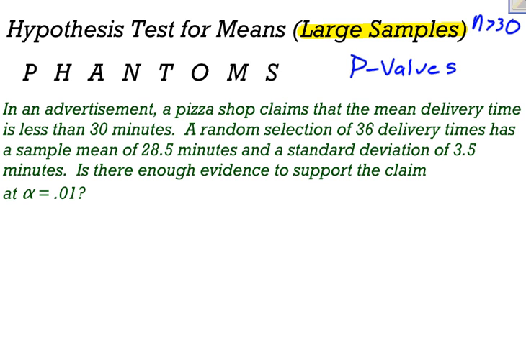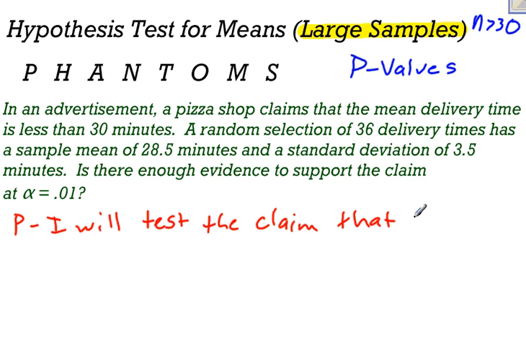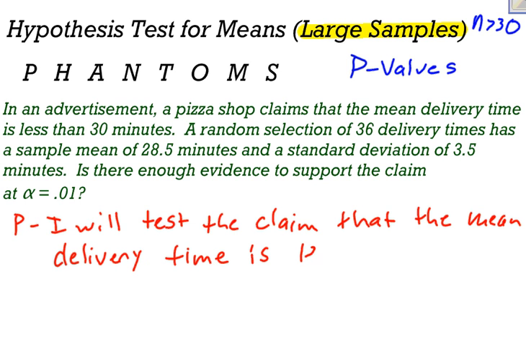So P, I'm going to start off with making my parameter statement. This is basically a statement about the claim. So I will test the claim that the mean delivery time is less than 30 minutes.